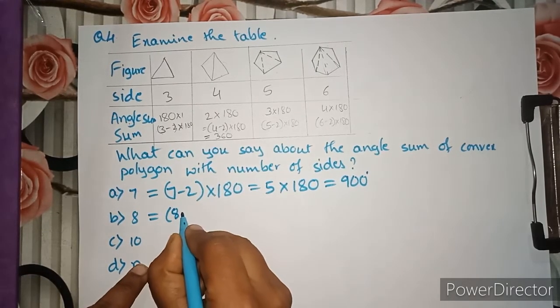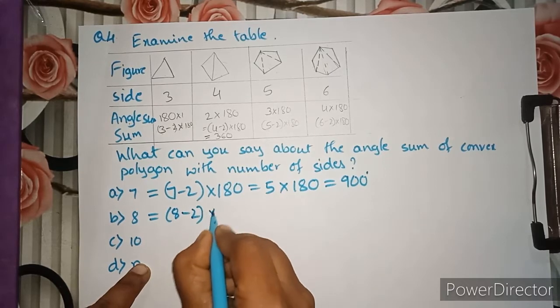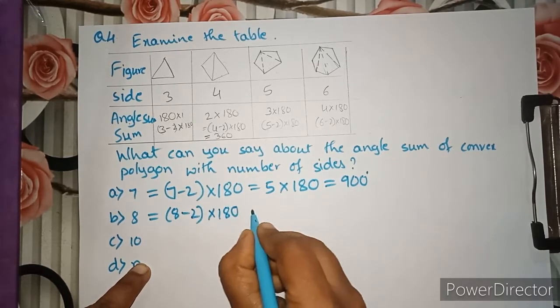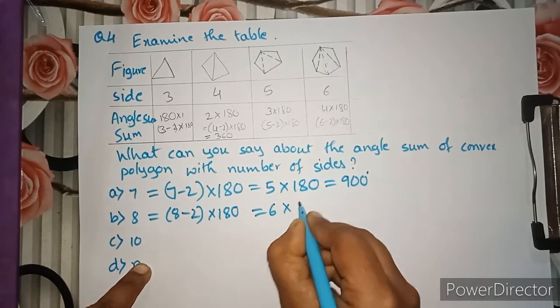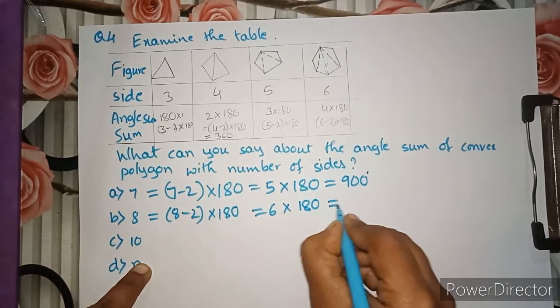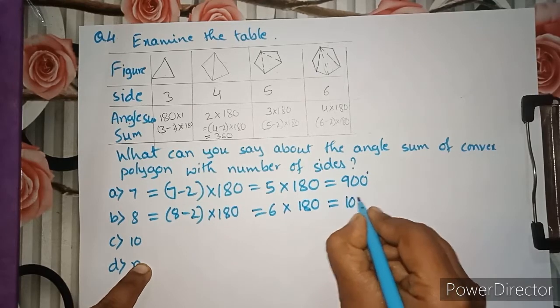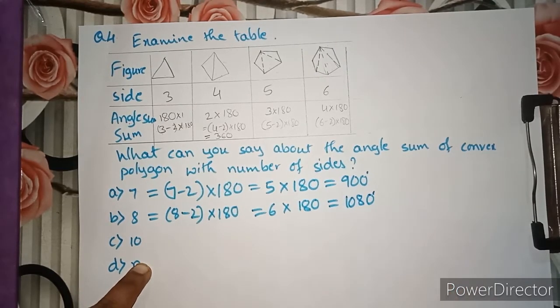Number of sides is 8, 8 minus 2 into 180. 8 minus 2 is 6, 6 into 180 is 1080 degrees.